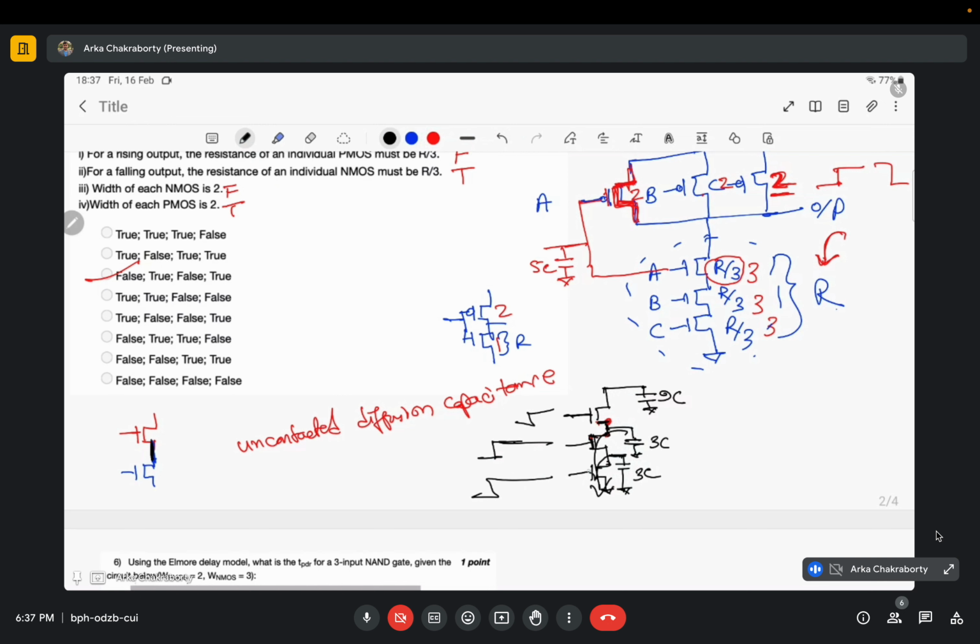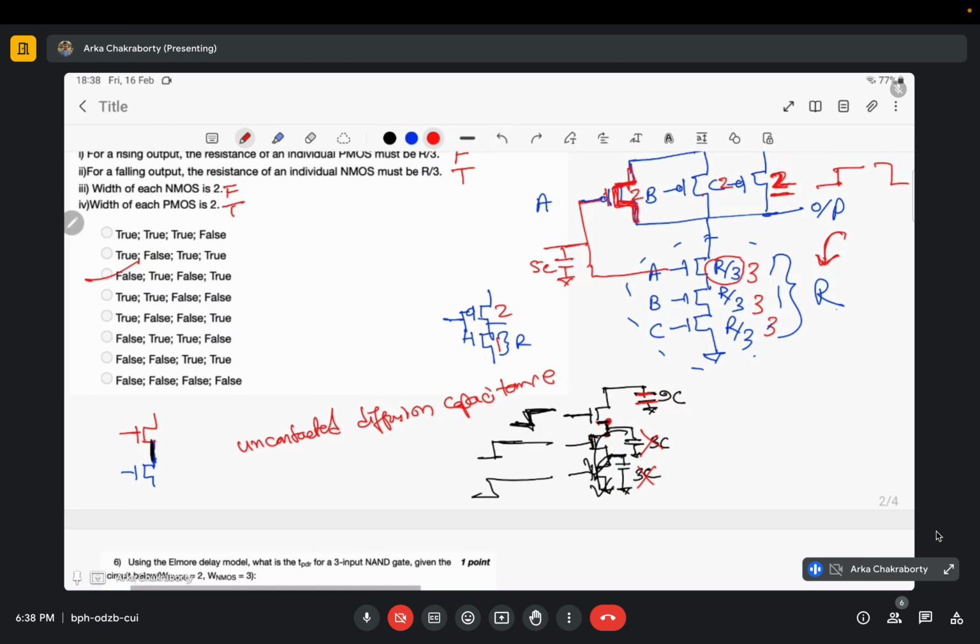When this signal comes, it has to discharge only this 9C capacitance. So in this Elmore Delay model, this 3C and 3C would be terminated, this 3C and 3C would be terminated, only this 9C would be remaining. So the delay that we will be getting will be much lesser than the case that we are talking about. So it is the best case condition, and it is called the contamination delay or best case delay.